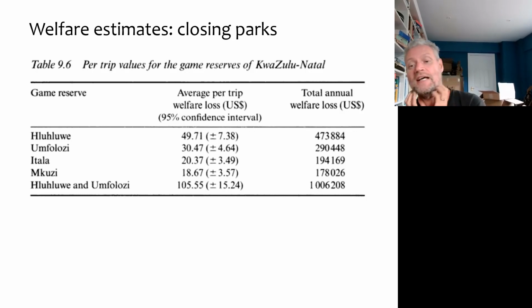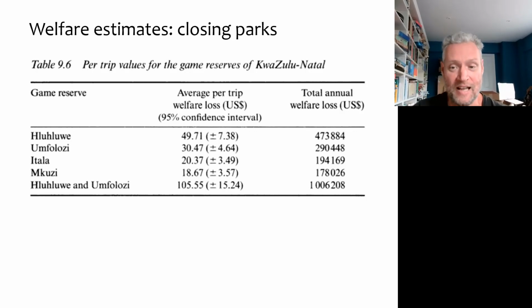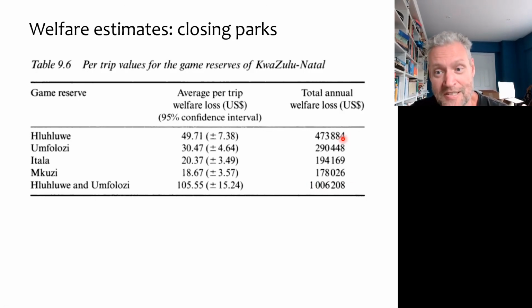What you also see is nonlinearity in valuation. So they ran a scenario where Hluhluwe would be closed and Umfolozi would be closed. And you see the welfare loss of these two. But they also ran the scenario where both of them would be closed. And obviously, 1 million is greater than 500,000 plus 300,000, right?